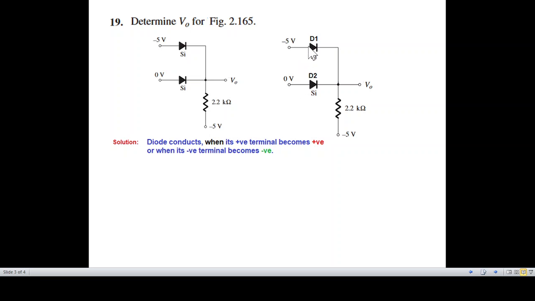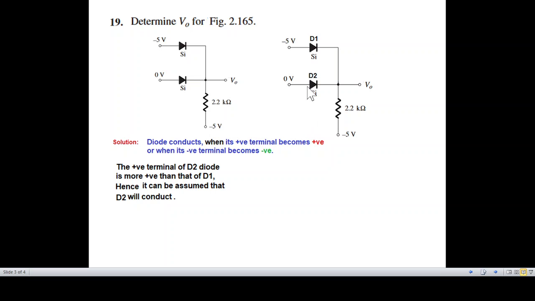Now between this, this positive terminal has -5 and this positive terminal has 0. Therefore, this is more positive than -5. So the positive terminal of D2 diode is more positive than that of D1. Hence, it can be assumed that D2 will conduct.